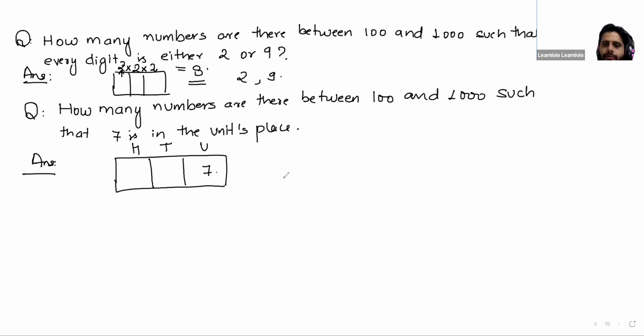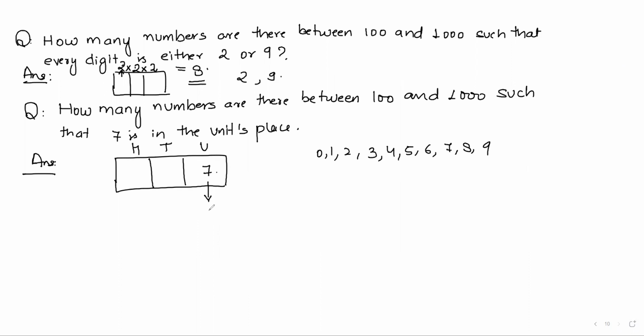We have these digits 1, 2, 3, 4, 5, 6, 7, 8, 9. Now, Krishna, can you tell me at the unit place how many options do we have? One option, and that is 7. Very good. One option.